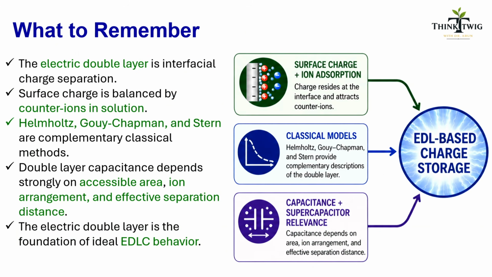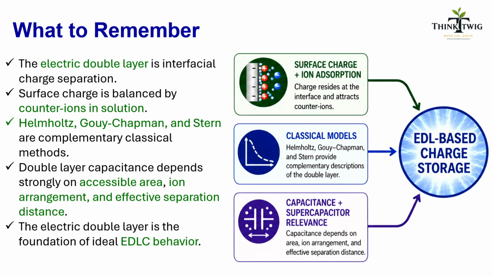Let us return to the doubt with which we started. So where does the electricity hide? In an ideal electric double layer capacitor, it does not hide deep inside the electrolyte or inside the bulk electrode. It is stored at the interface, and electrons remain on the electrode surface.